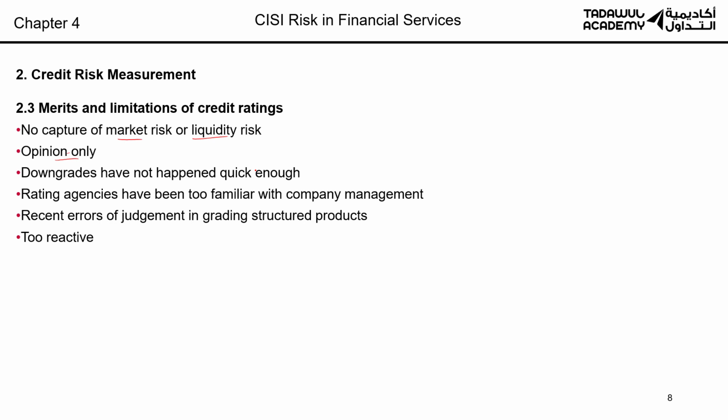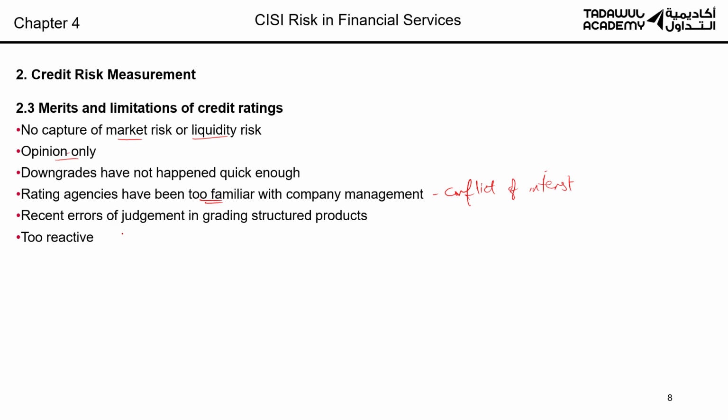So we don't like to change the ratings very often, and this is a disadvantage. Rating agencies have been too familiar with company management, and of course this means conflict of interest. Recent errors in judgment in using structured products, and they are too reactive.